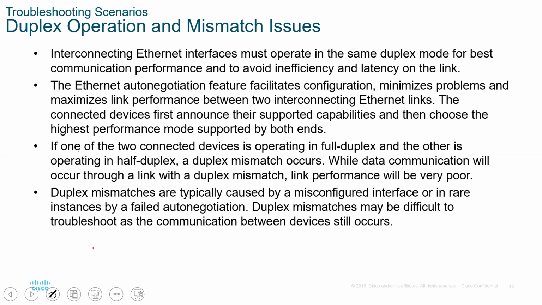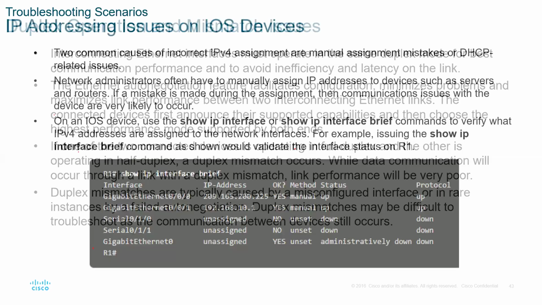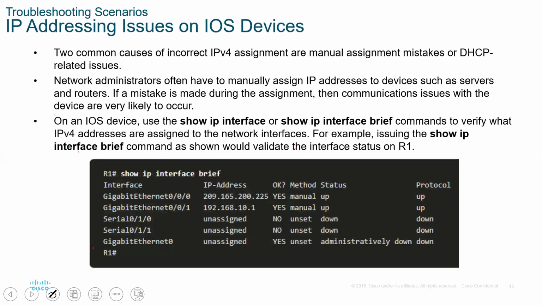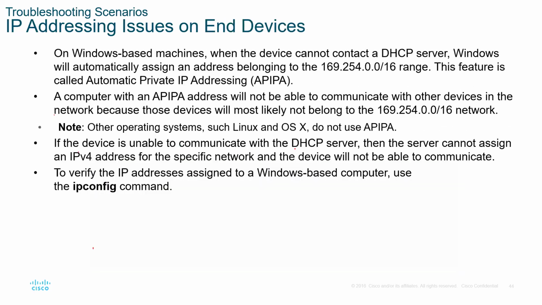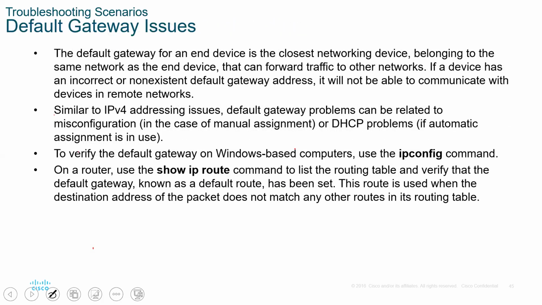Duplex mismatches may be difficult to troubleshoot as the communication between the devices still occurs. If you are using a Cisco device, sometimes you see the port blinking amber, meaning there is an issue there.